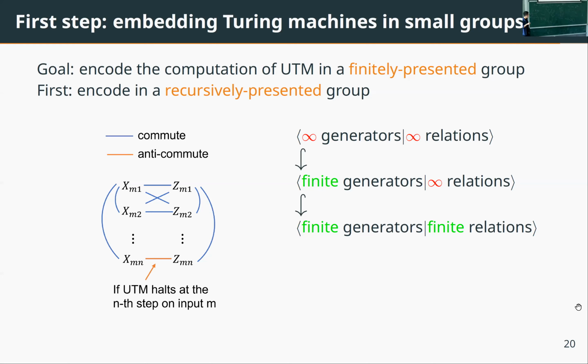This group can be embedded into a finitely presented group using so-called HNN extensions. So now we encode the computation of this universal Turing machine in a small algebra, in the sense that it has only finitely many generators and finitely many relations.